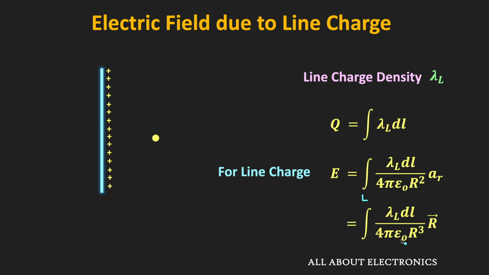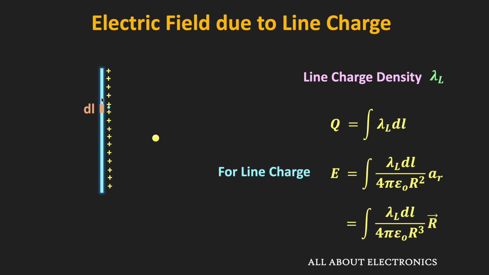Here, R in the denominator represents the magnitude of the distance between the line charge and the point of observation. Basically, we take a differential length dl on this line charge and find the electric field intensity due to this differential length. Once we integrate it over the entire length of the line charge, we get the total electric field intensity due to this line charge at the observation point.